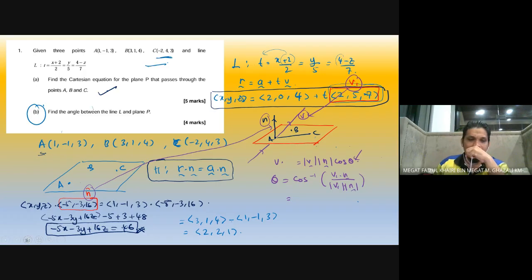So what we have right now, cos of v1, we have 2, 5, 7 dot with this one, the normal, -5, -3, and 16 divided by the modulus of square root of 2 square plus 5 square plus 7 square and square root of -5 square plus -3 square plus 16 square.